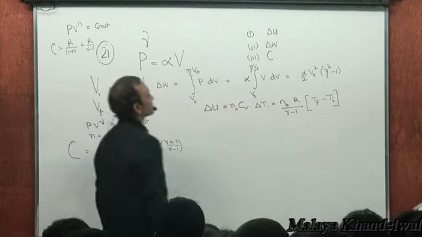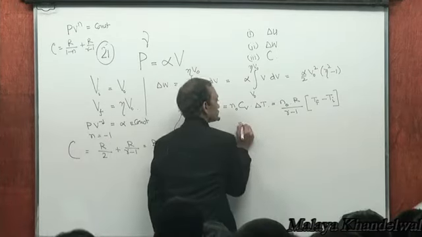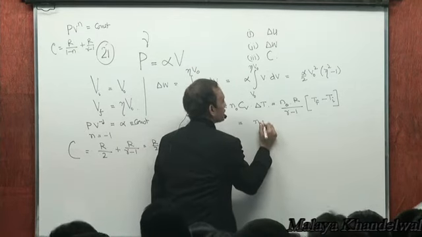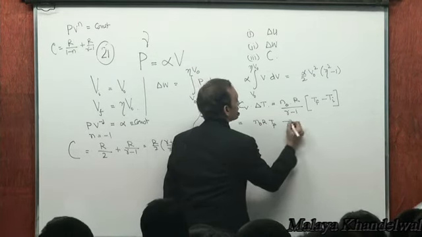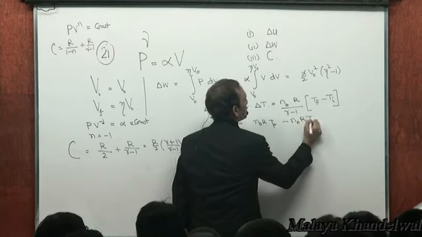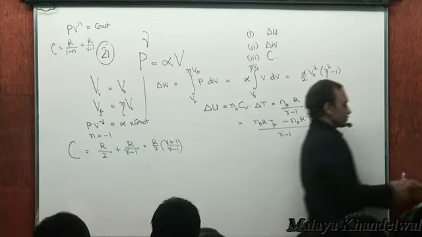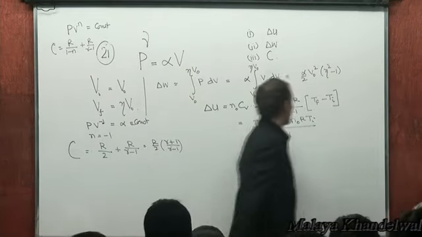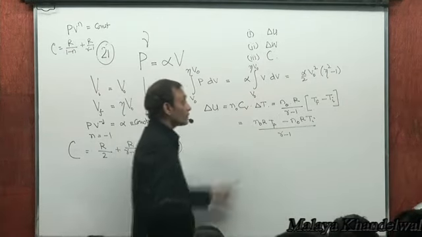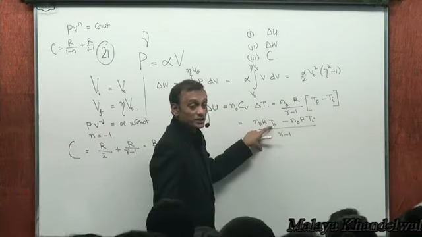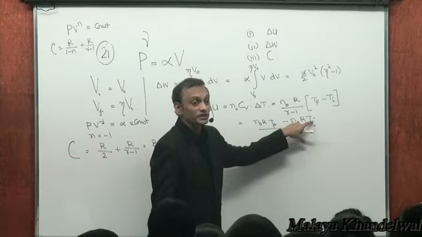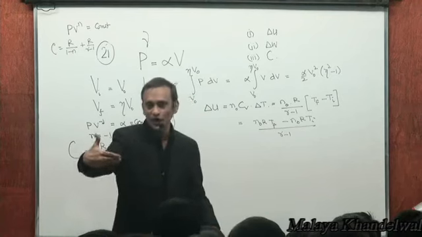Right? Which is like n naught R TF minus n naught R TI divided by gamma minus 1. This is final pressure into final volume, and this is initial pressure into initial volume, because nRT is pressure into volume.